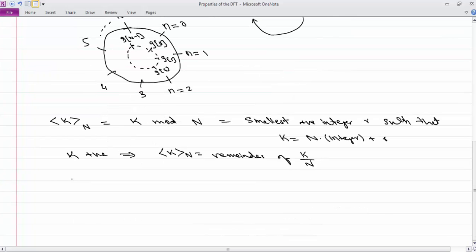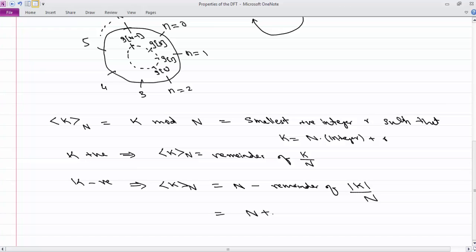Okay. And if k is negative, then k mod n is n minus the remainder of the absolute value of k mod n, or you can equivalently write that as n plus the remainder of k mod n. Okay.